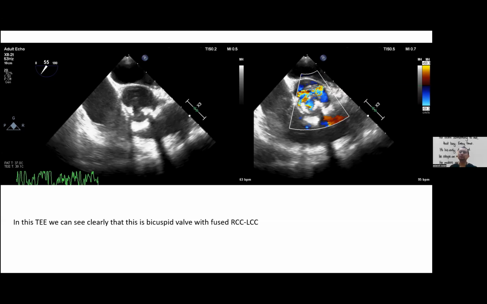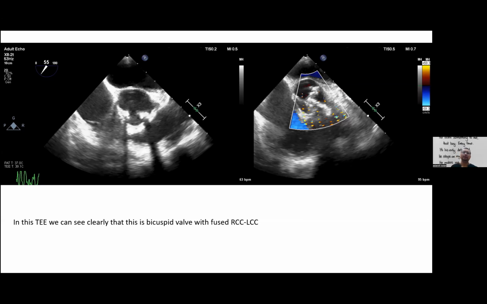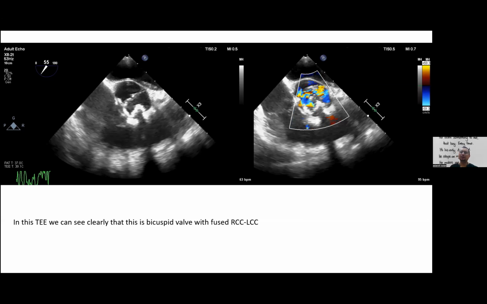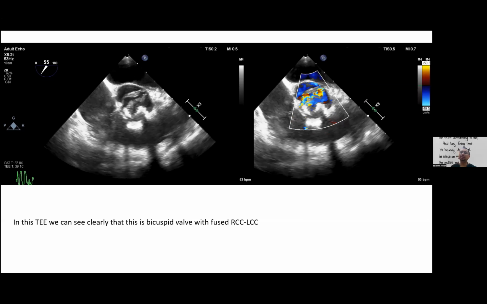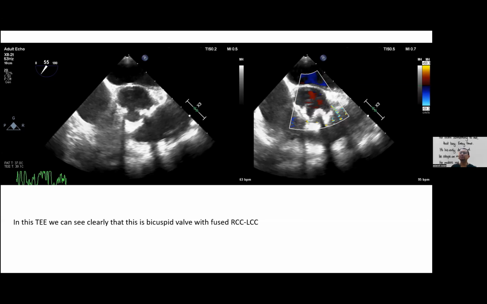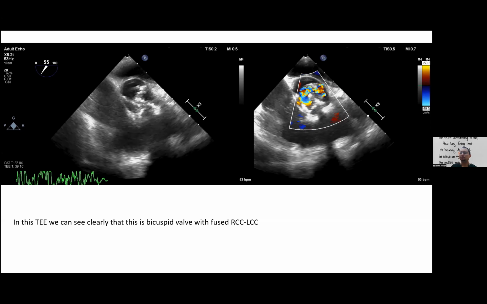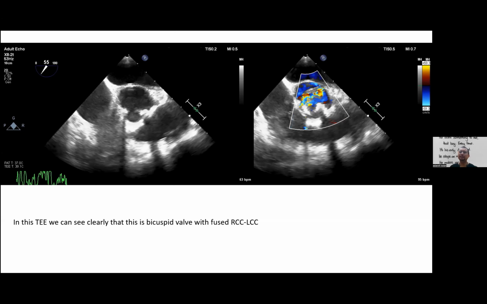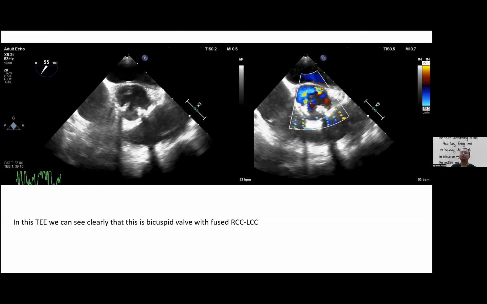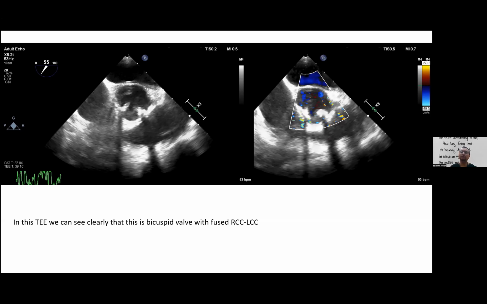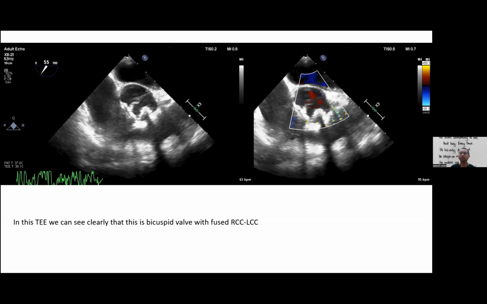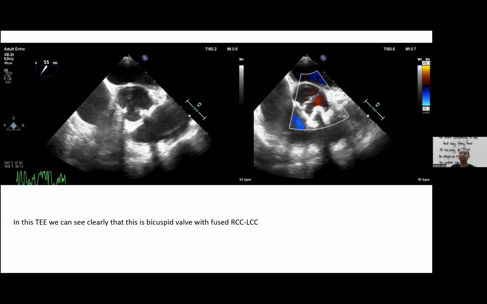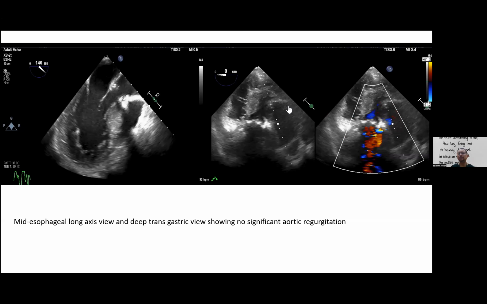So, for example, in a normal aortic stenosis with a central jet, an aortic valve area of less than 1 centimeter squared gives a mean gradient of more than 40 millimeter mercury. But in a bicuspid valve with an eccentric jet, a bigger aortic valve area of 1.2 can already give a higher gradient than 40 millimeter mercury.